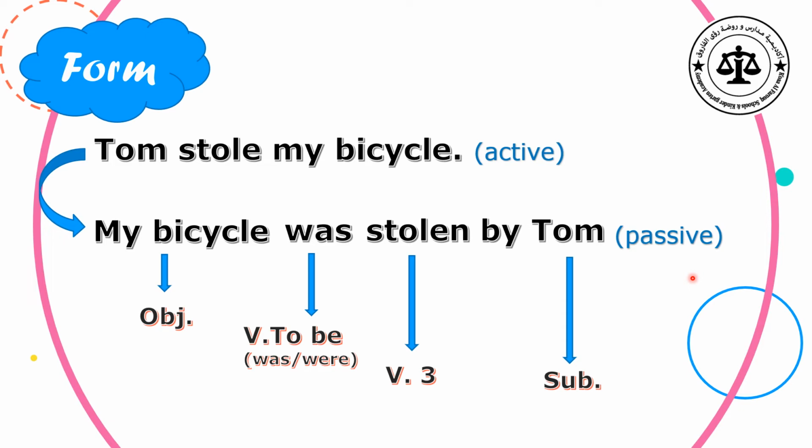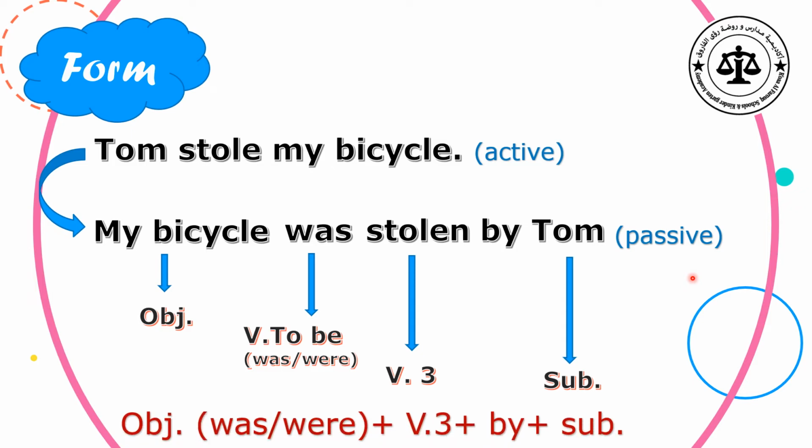So the form of the past passive sentence will be object, was or were, verb 3, by and subject. By and subject we can delete them. It's optional to write them or not. بإمكاننا ما نكتب by the subject.